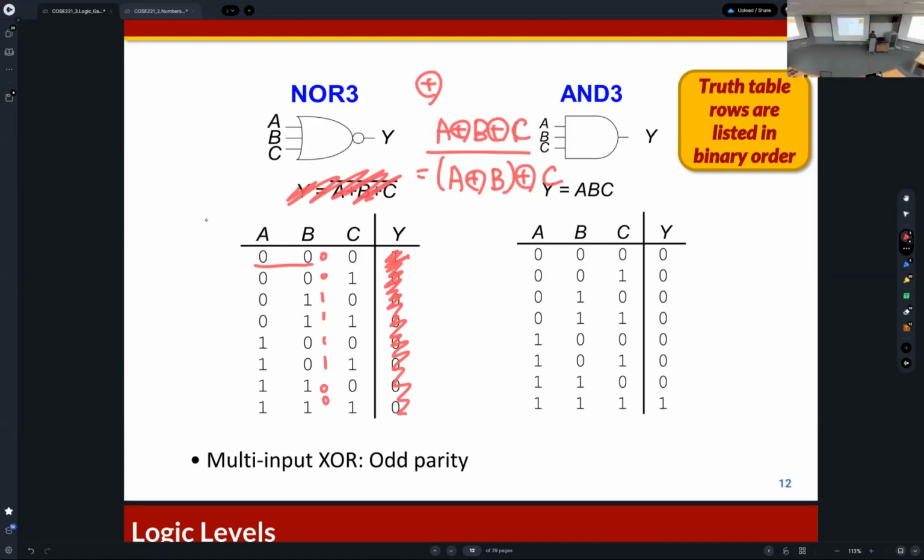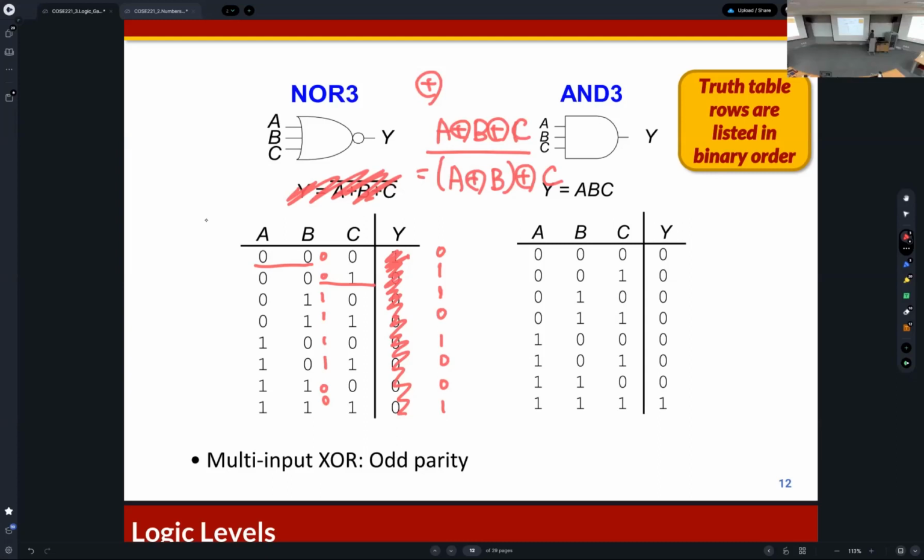This is the result of the two-input exclusive OR. And then you can just perform the exclusive OR of this result with the third input. As you can see, this is 0, 0 and then 0, 1. So the output becomes 0 and then 1. It's 1 and 0. 1, 0, 0, 1. This is the output of the three-input exclusive OR.